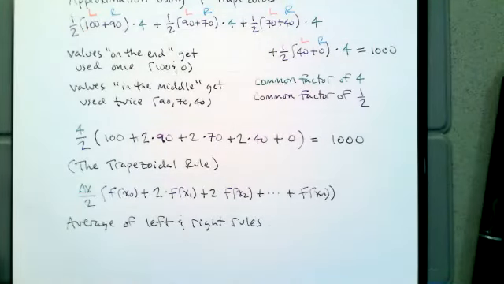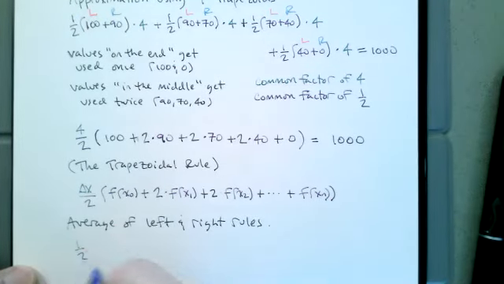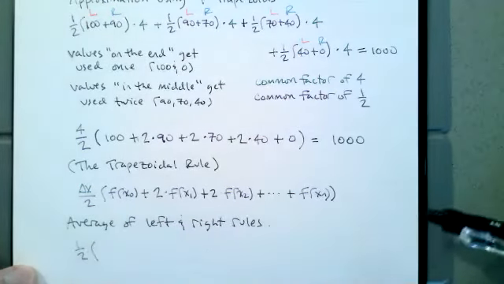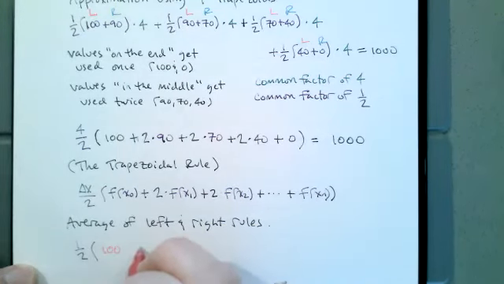So we can start pulling these things out. The 1/2 is the average. And notice I've got a 100, a 90, a 70, and a 40, just like I had in the left approximation. So I've got 1/2. Then for all the numbers that were in the left calculation, I had 100, a 90, a 70, and a 40.